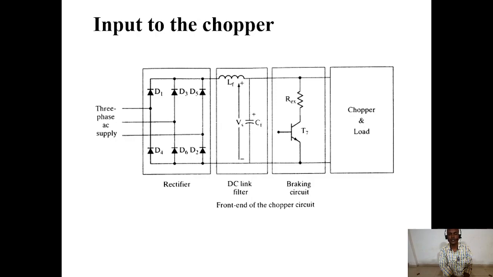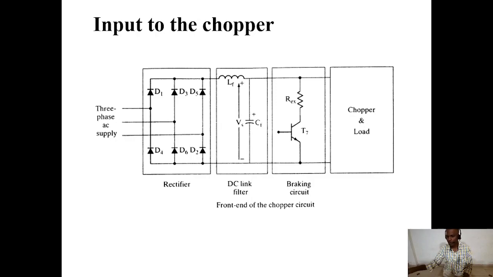So for each transistor lag model, we are connecting with a three-phase supply. Each phase is connected with one model of the rectifier. The R phase is connected with the D1 D4 combination, the Y phase with the D3 D6 combination, and the B phase with the D5 D6 combination.